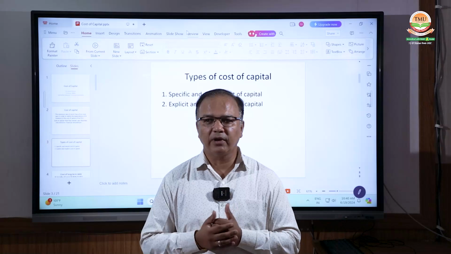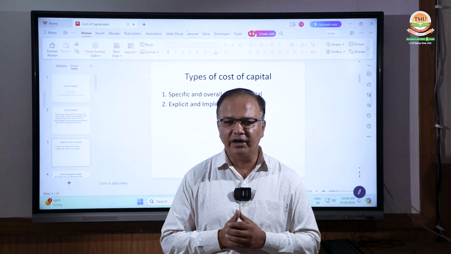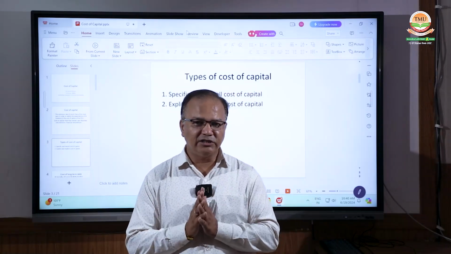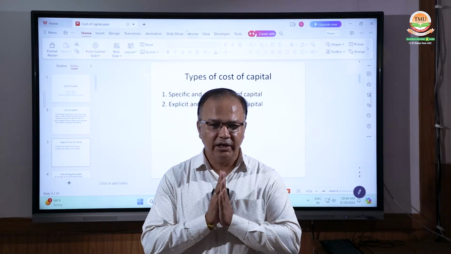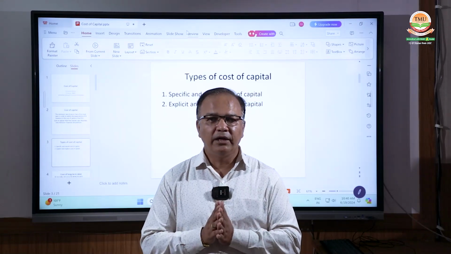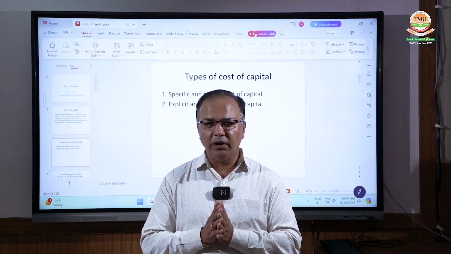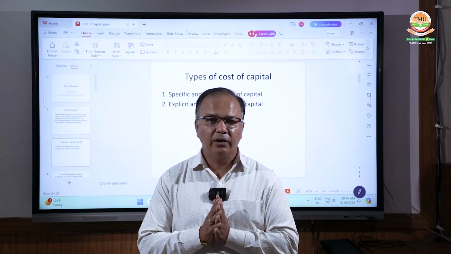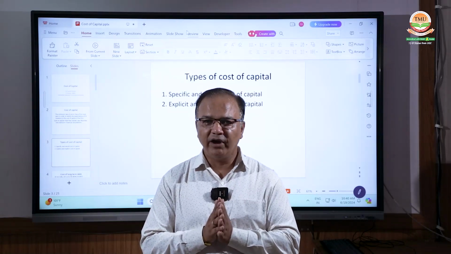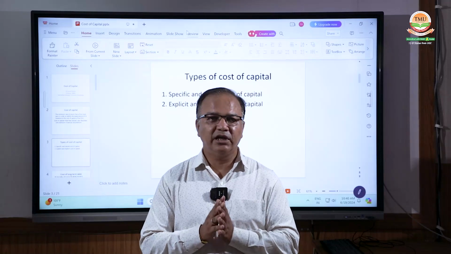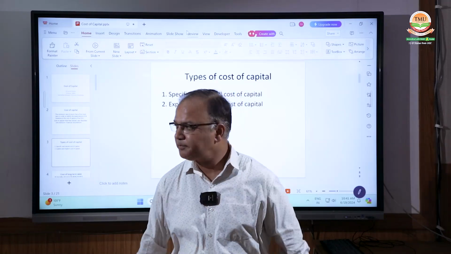So, overall cost of capital will be 14%. So, this is the difference between specific and overall cost of capital. So, I think it is clear to all of you that whenever we have to calculate overall cost of capital, we have to multiply amount with the weights so that we can ascertain the overall cost of capital.